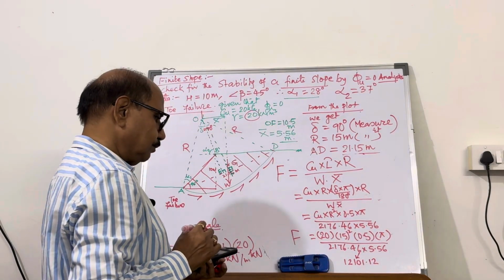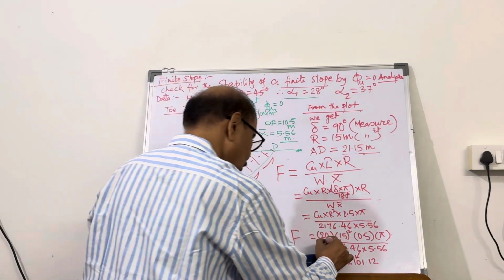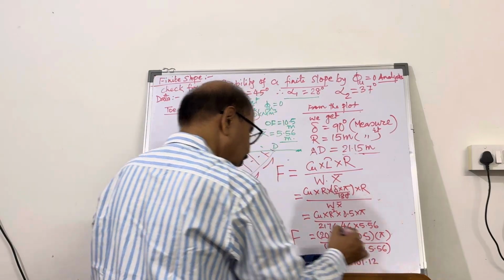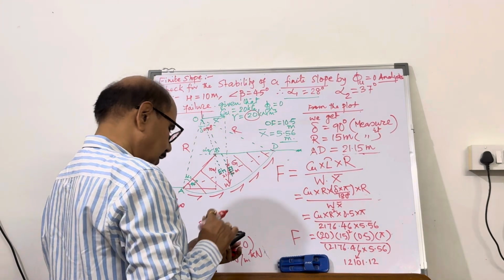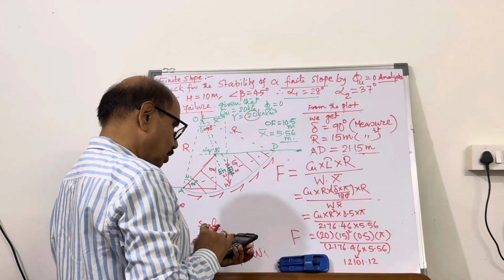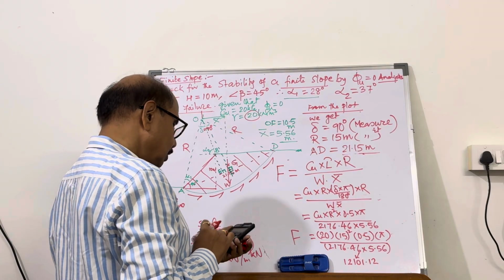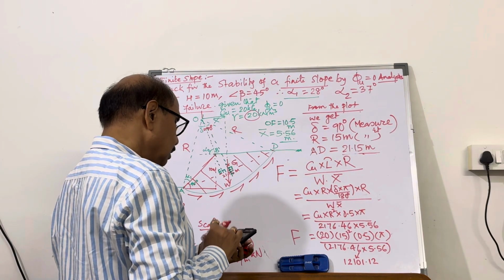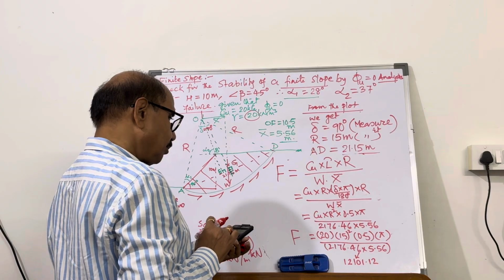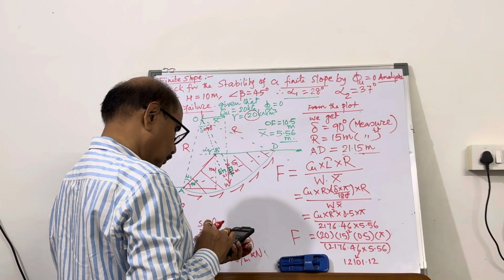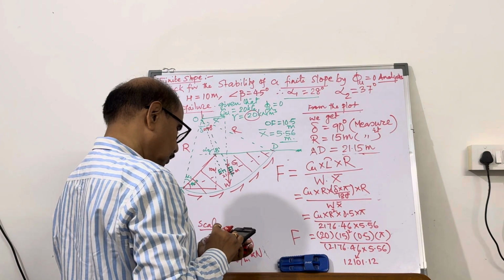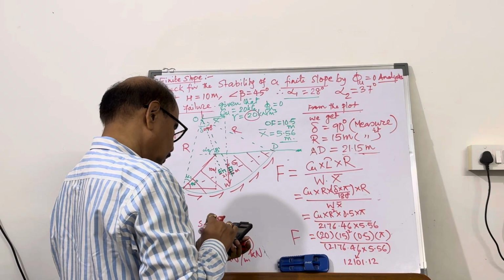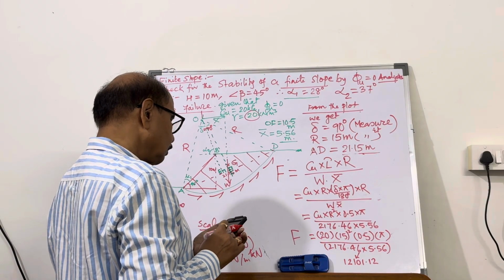Okay, this whole multiplication, and in the numerator you have got 20 into 15 squared multiplied by pi.